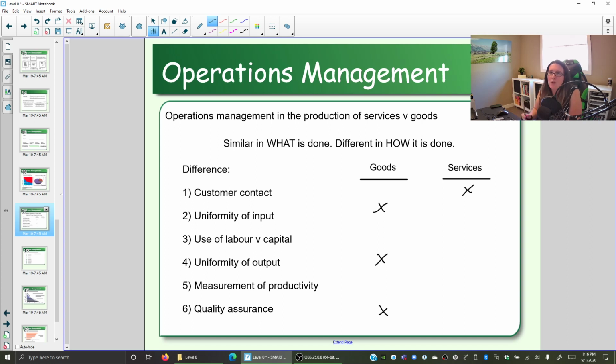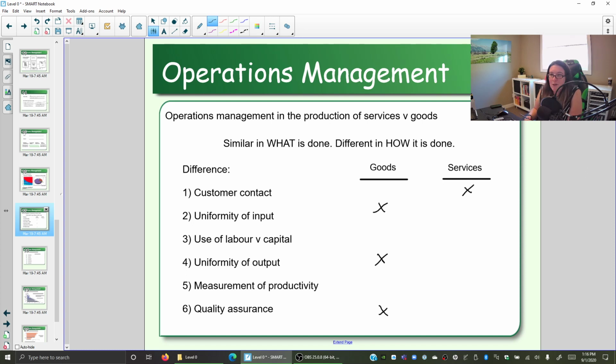The other thing that uniformity of input and output have an impact on is measurements of productivity. When we look at productivity, we're looking at how much bang we're getting for our buck. We want to know how much value is created per dollar of inputs.